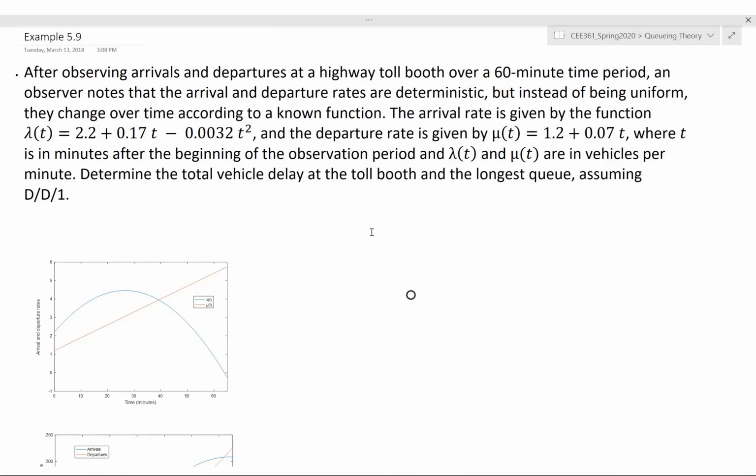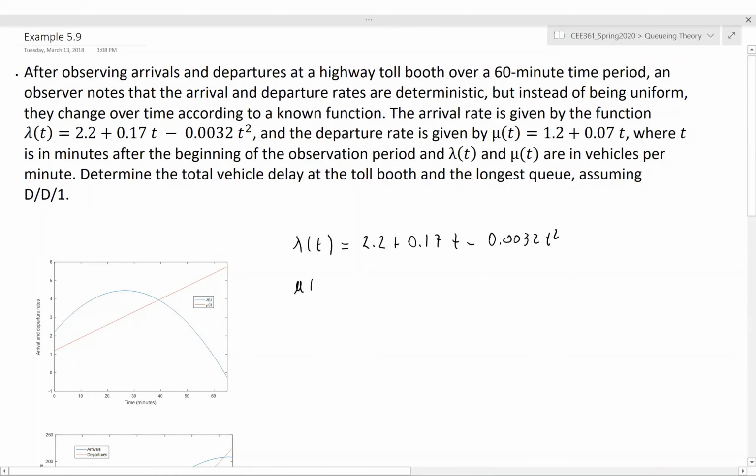We are given lambda of t equal to 0.2 plus 0.17t minus 0.0032 t squared, and mu of t equal to 1.2 plus 0.07t.